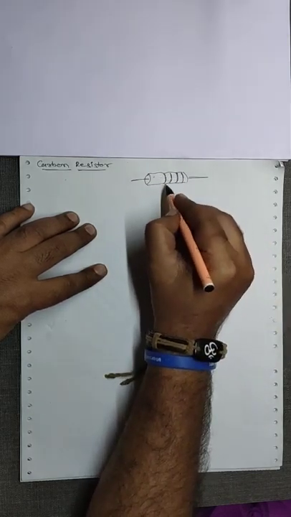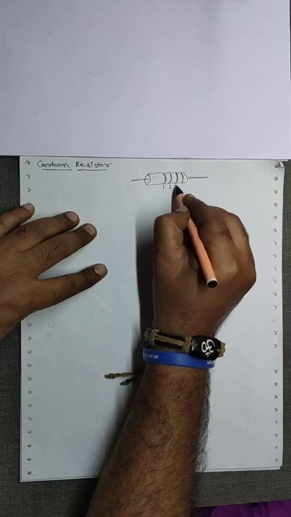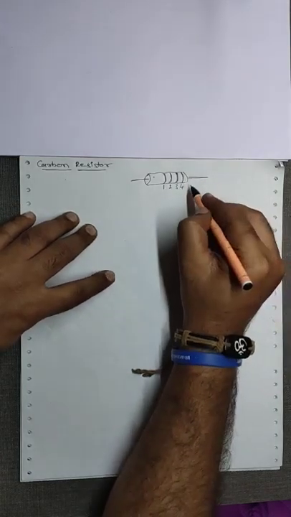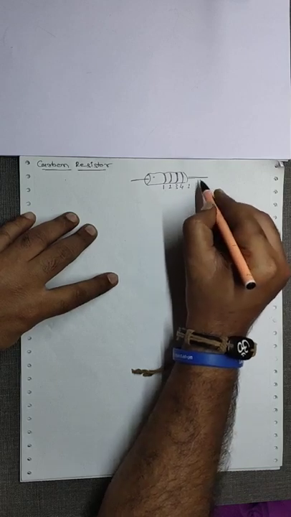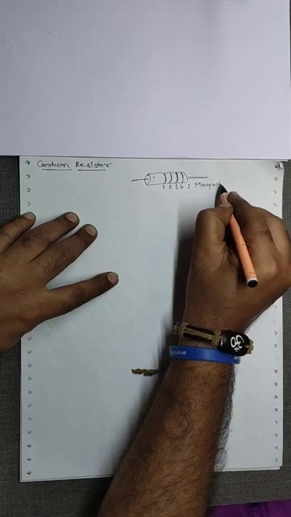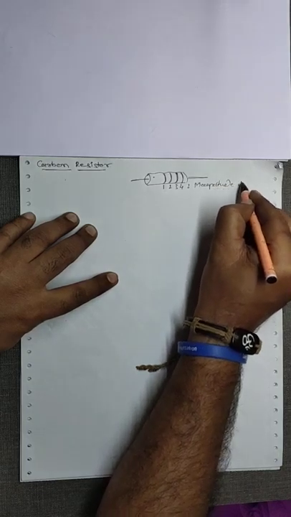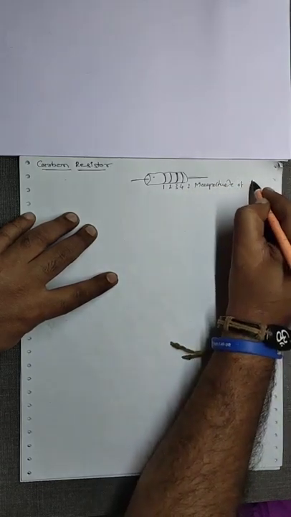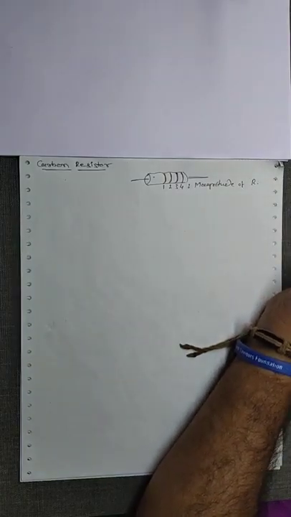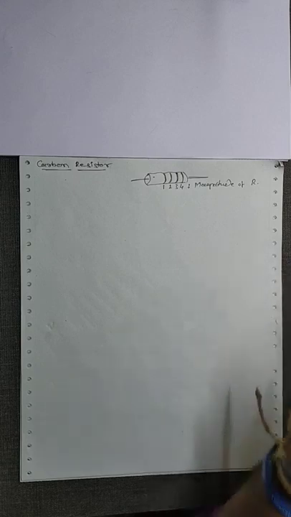There are 4 colors, color number 1, 2, 3 and 4. These 4 colors indicate the magnitude of this carbon resistor R. And how do they identify the value of a resistor from these colors? Let us see.